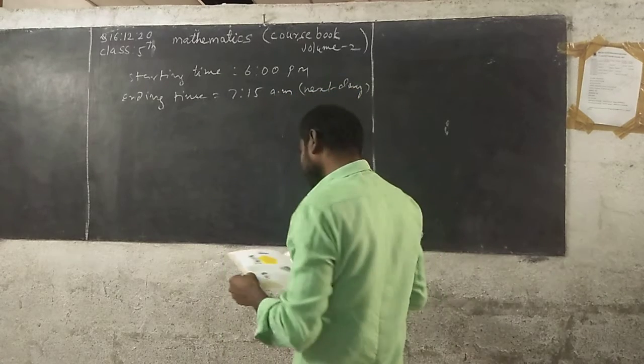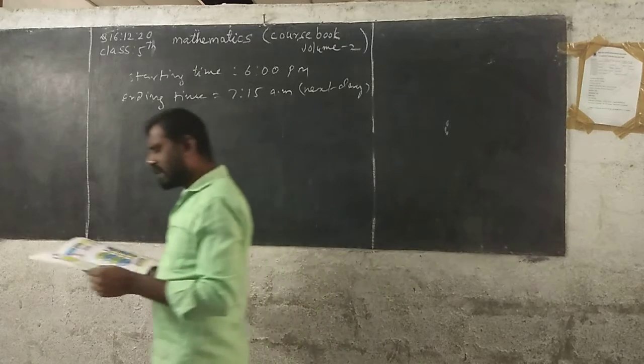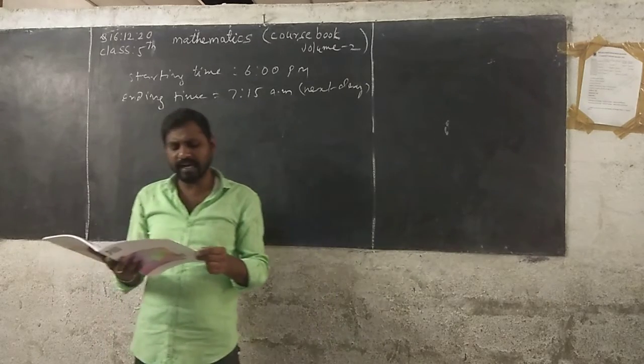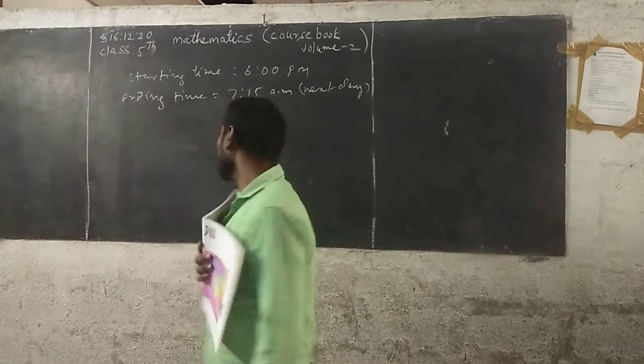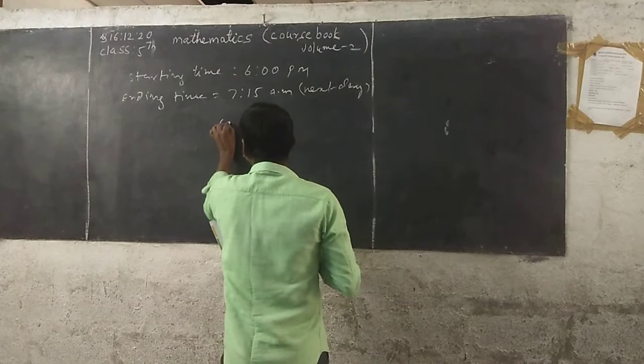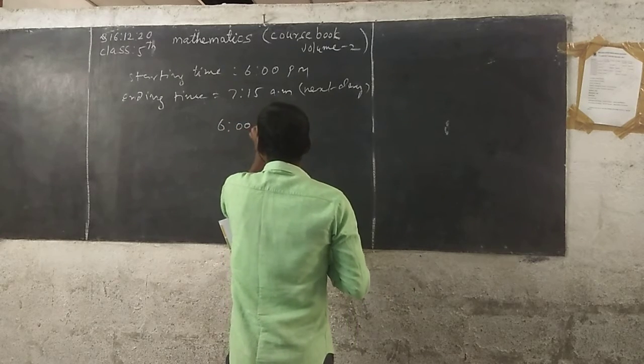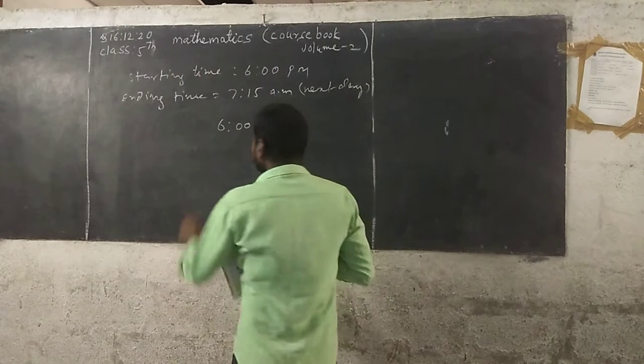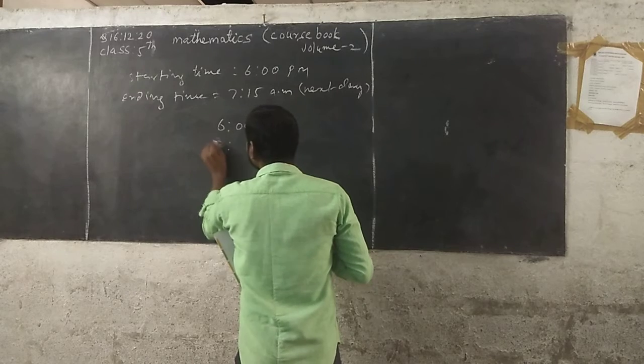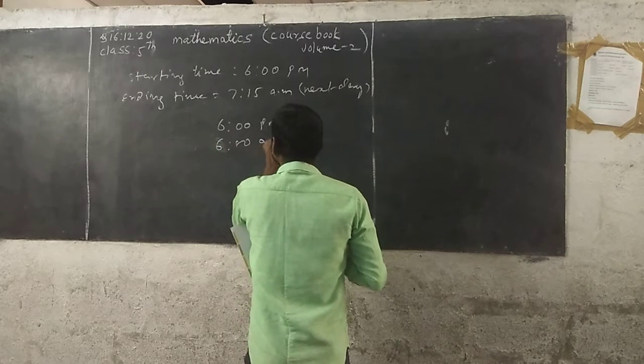The total travel time from the source to the destination is? Today 6 PM to tomorrow 6 AM, you get 12 hours.